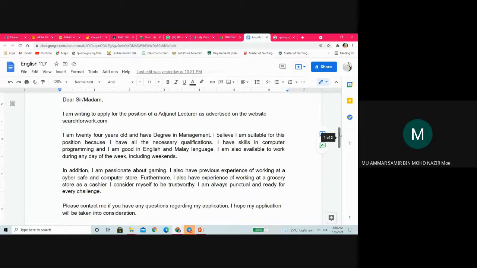Dear Sir or Madam, I am writing to apply for the position of an adjunct lecturer as advertised on the website searchforwork.com. I am 24 years old and I have degree in management. I believe I am suitable for this position because I have all the necessary qualifications. I have skills in computer programming and I am good in English and Malay language.